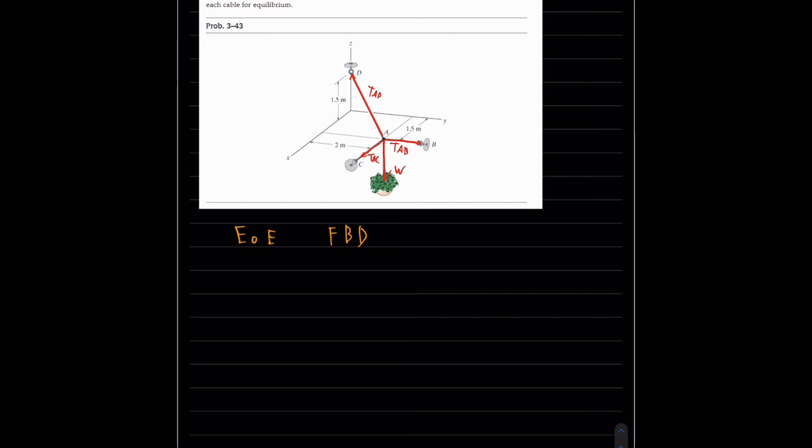For this problem, I'm going to use a vector approach to solve for the tensions, because I just think it may be easier. Before I solve this problem, I start by stating my knowns and unknowns.